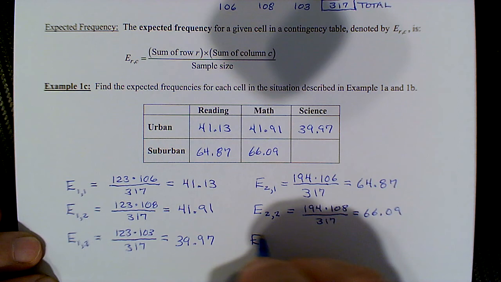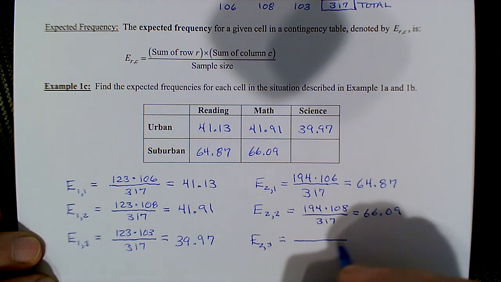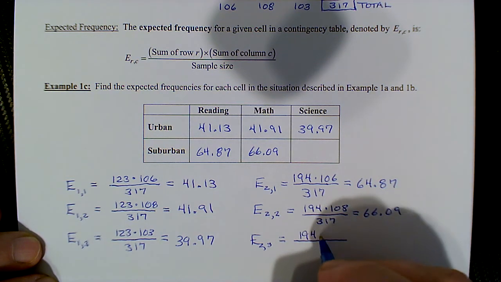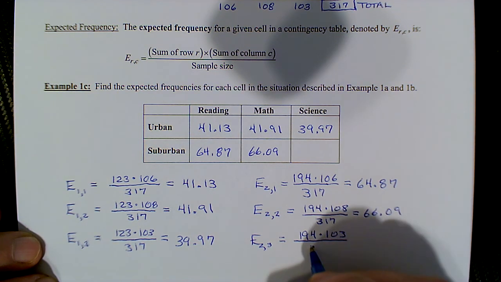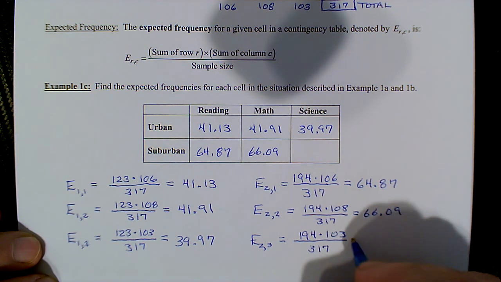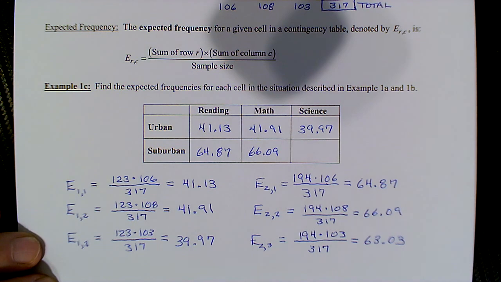And then finally, second row, third column, row sum again 194, column sum 103, divided by that total. And that gives 63.03. Okay, so that's how we find the expected frequencies.